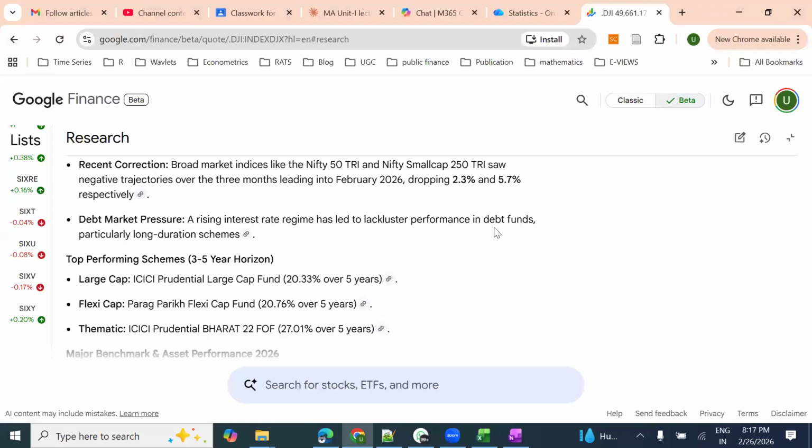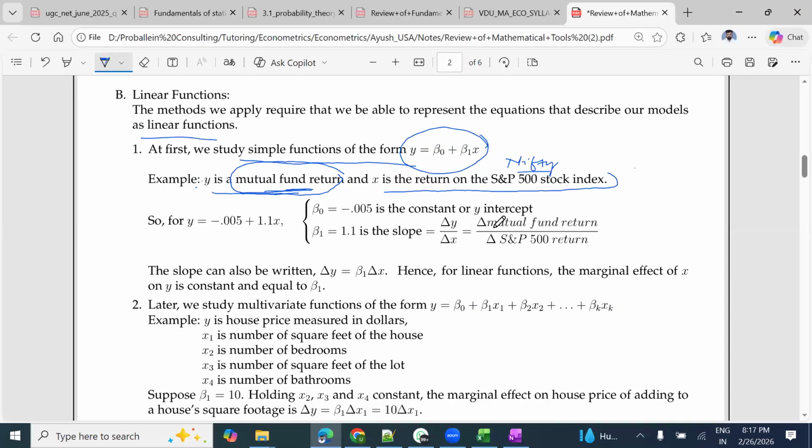So what you are exploring is: when Nifty 50 increases or decreases, does it have any impact on the ICICI Prudential Large Cap Fund return? As an investor you should know this, right?